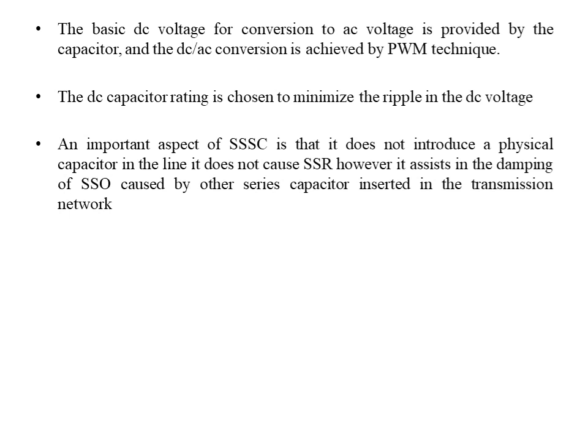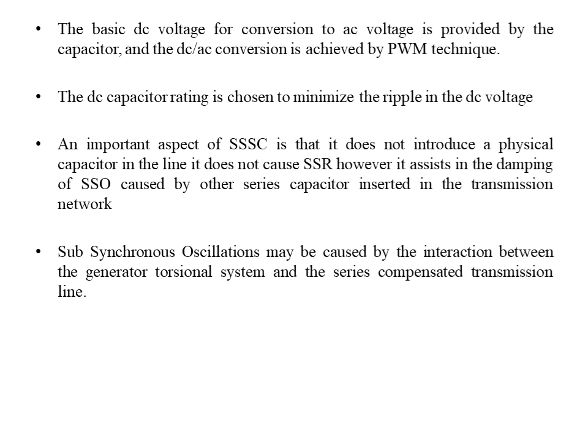An important aspect of SSSC is that it does not introduce any physical capacitor in the line. It does not cause SSR. However, it assists in damping of SSO, that is subsynchronous oscillations, caused by a series capacitor inserted in the transmission network.